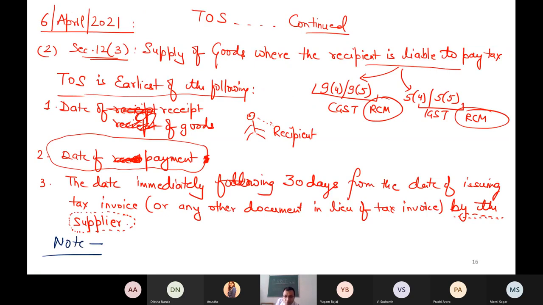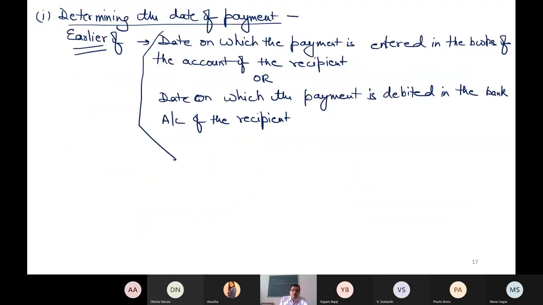So in this case, how do you determine the time of supply? Receiving goods date, payment date, and the date immediately following 30 days. But many times it is possible that none of the dates is available. Neither does the recipient know when he or she has received the goods, nor when the payment is made, nor has the supplier issued the invoice. Then what will happen? Second point, if none of the above dates is available, then what will you do?